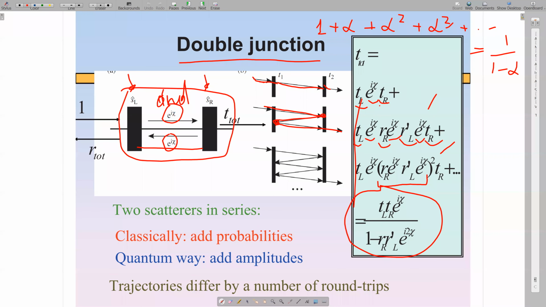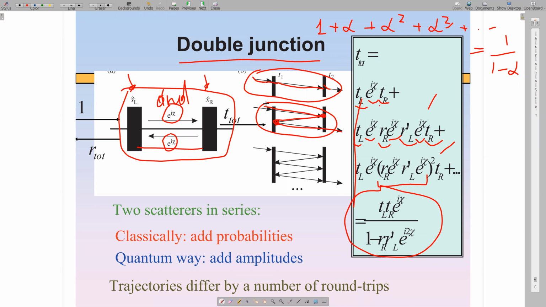This is the sum of probabilities to experience each of these processes: bounce once, bounce twice, and so on. So these trajectories work like slits.